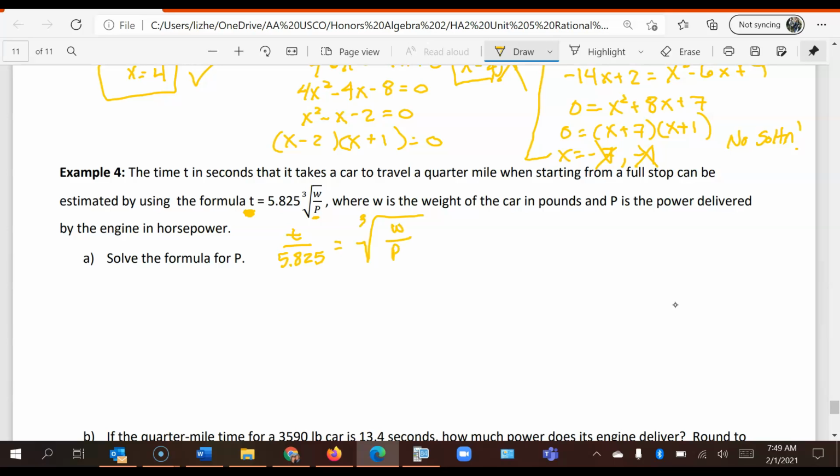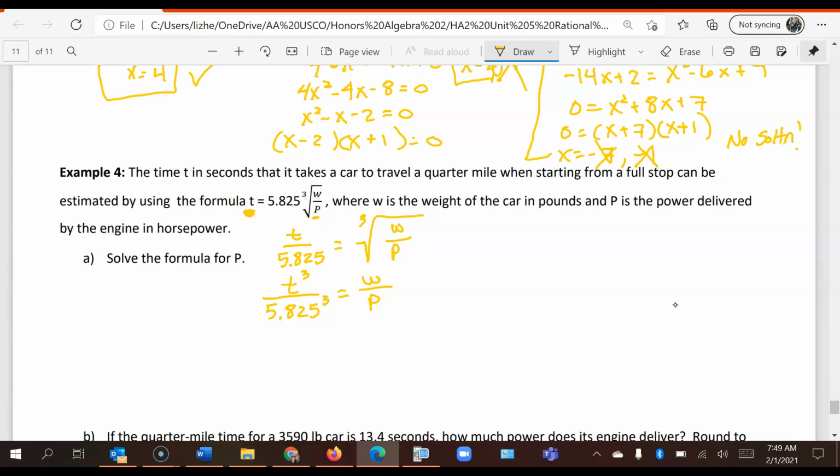Now I need to get rid of this cube root sign. So I'm going to cube both sides of my equation, which means I have t cubed over 5.825 cubed equals w over p. And now p is in my denominator. And so I'm going to have to move, obviously, p to the numerator. There's different algebraic ways to do that. One, you could cross multiply.